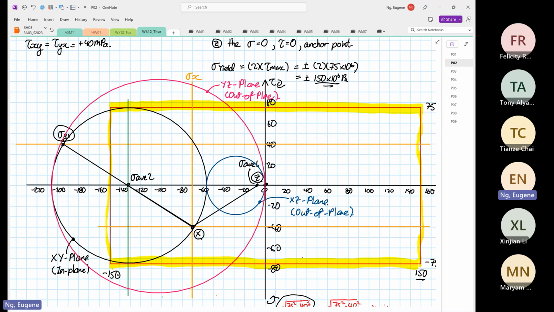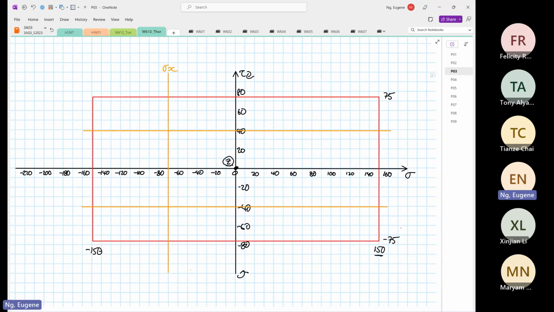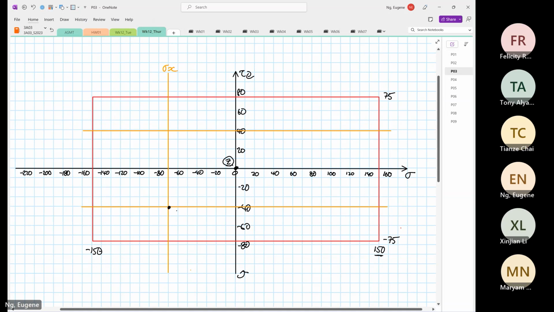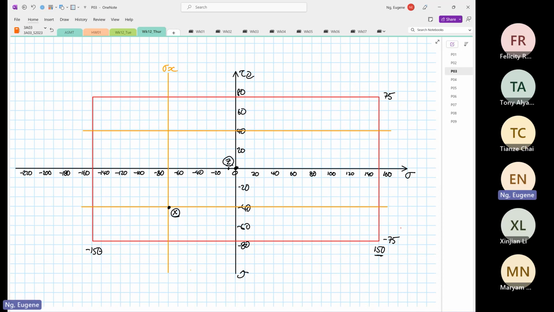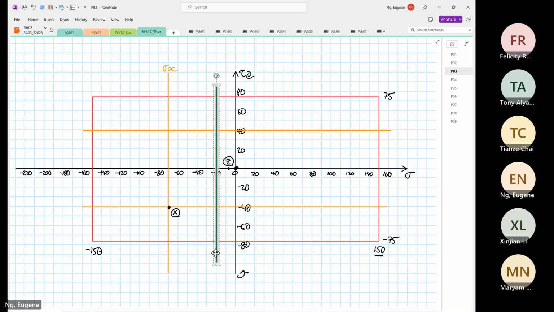So remember, we have calculated the other possible stress average to be what? Minus 6.557. So we're going to use that now. So we know that this is our point X, and minus 6.557 is at that point, your stress average.